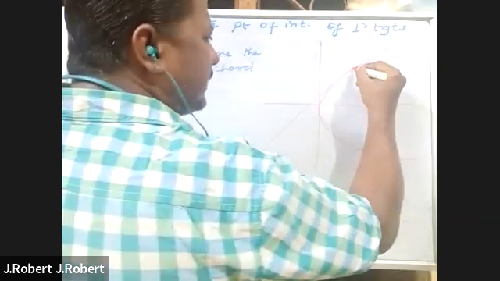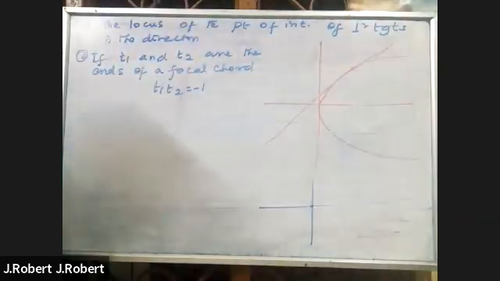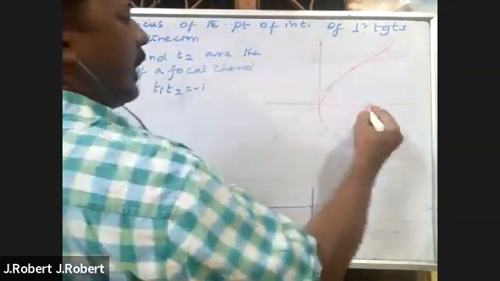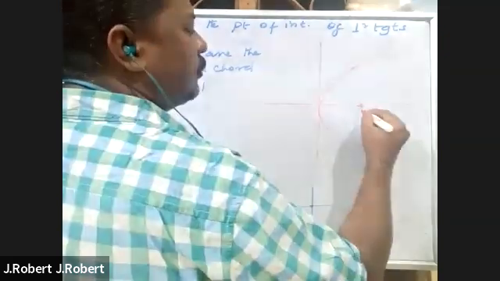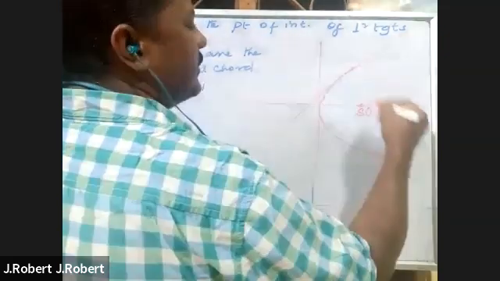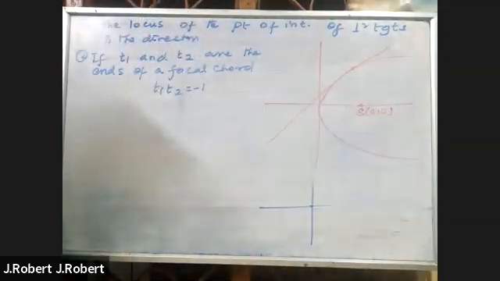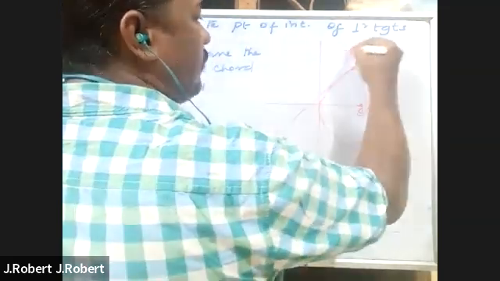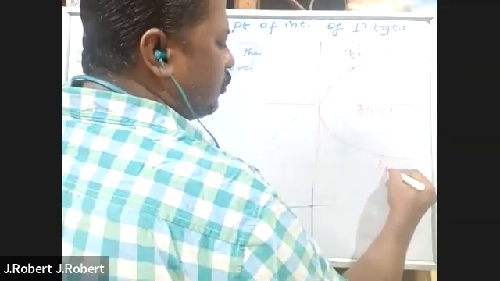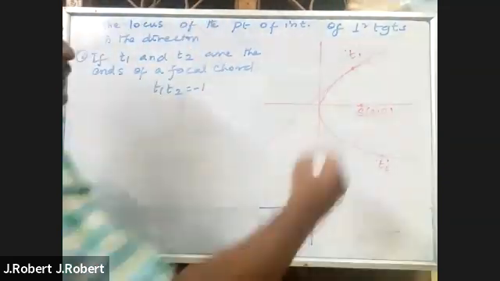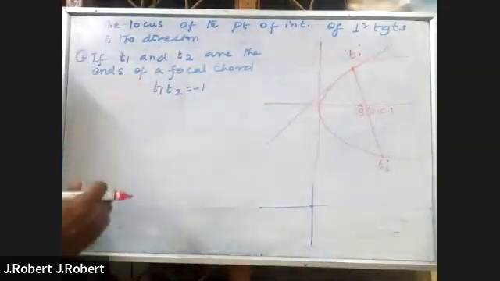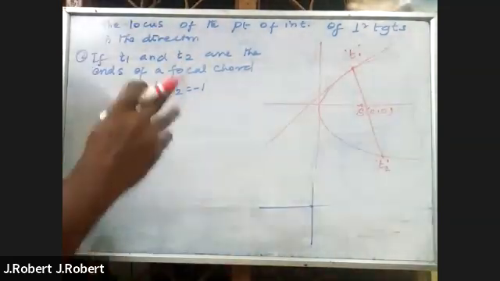Now when we say focal chord, what it means is a chord through a point here, that is what we call the focal chord. A focal chord is a chord which passes through the focus. This is called S(a, 0). Now I am taking this point as T1 and this point as T2, the points in parametric form. So T1 and T2 are the ends of the focal chord.